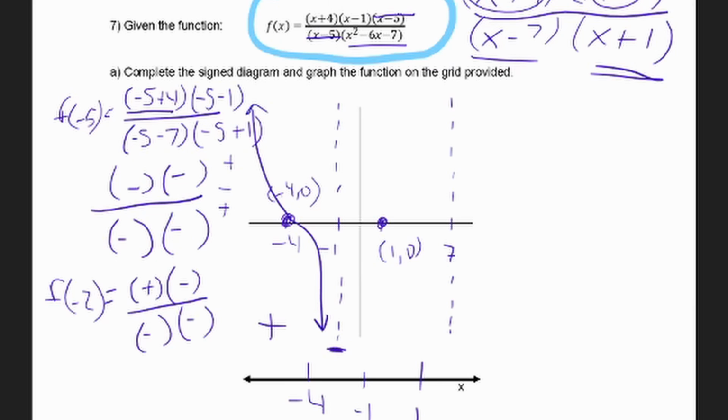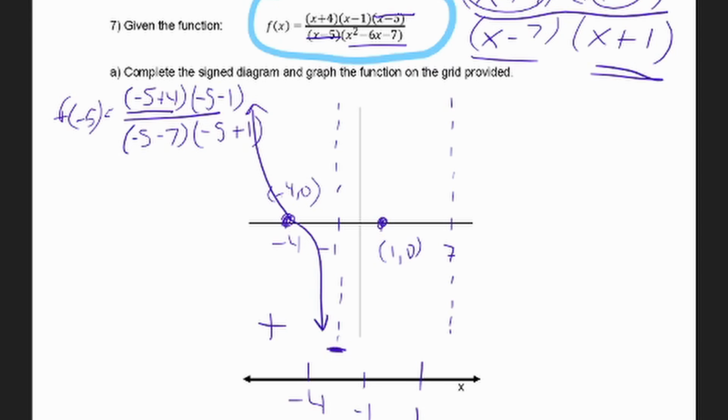Then we can test between negative 1 and 1, so we can do f of 0. And that will be 4 times negative 1 over negative 7 times 1.